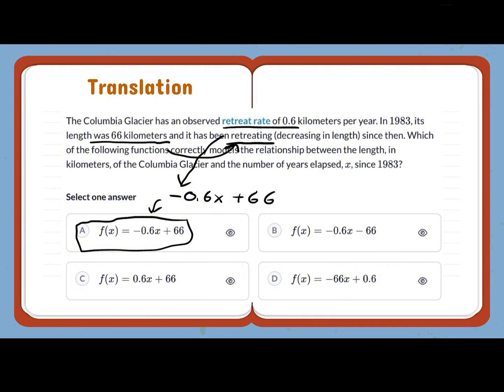In this case here, f of x is the total amount of kilometers. So we want a rate of kilometers per year, and it says retreat. So we can attribute that to a negative 0.6x, and the length was 66. Now, because we're retreating, we're getting smaller, that means we'll add 66 instead of subtracting 66, which would make our answer choice A.